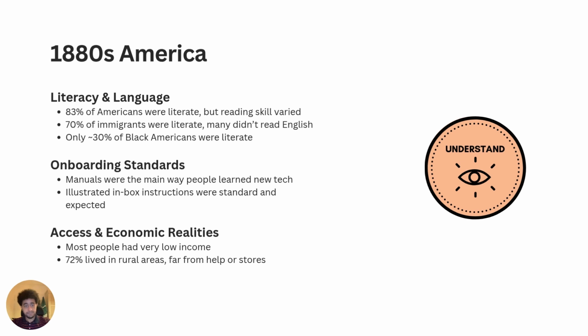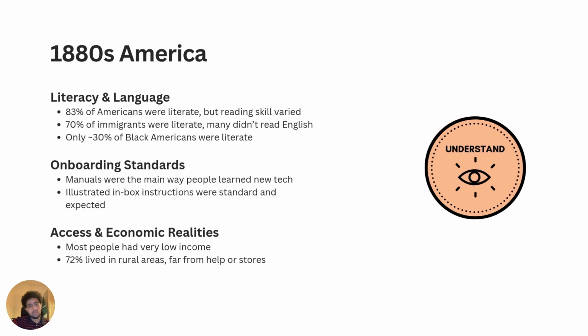First, I did some research on America back at the time. And three main things really grabbed my attention. The first thing is literacy and language: 83% of Americans were literate, but reading skill varied. So that made me set the bar at, for example, third grade language skills so that it's easier for everybody.